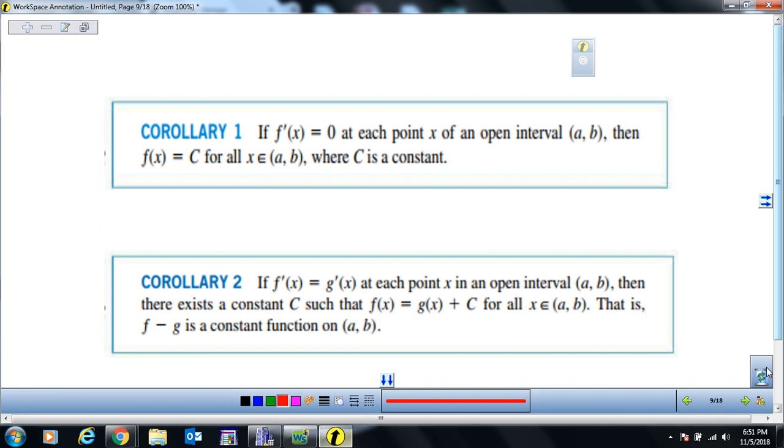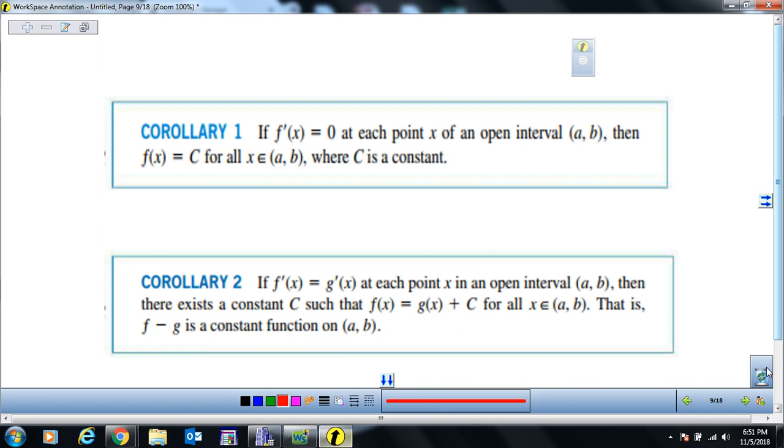So the addition of one of these functions plus some constant has to be the same thing as the other function. And this is true for all x's that are within the open interval from a through b.